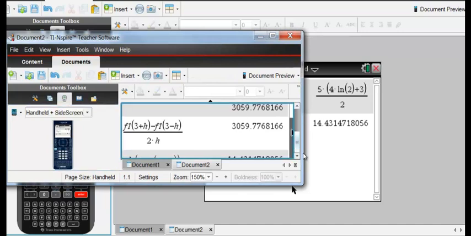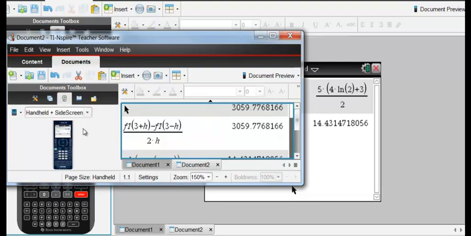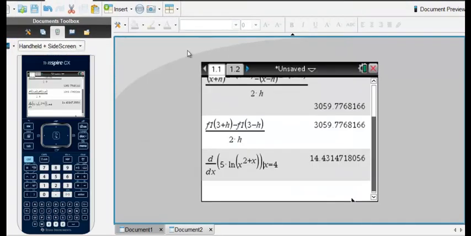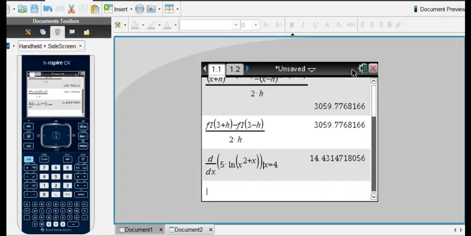There's the non-CAS version, 14 point da da da da. And then the CAS version, same answer, or at least should be very close. Actually, this one's going to be more accurate because it actually does an exact value and then approximates that. But they should agree to many decimal places.